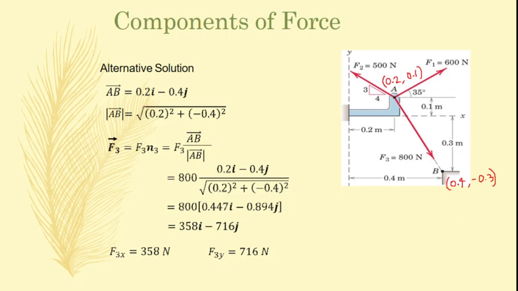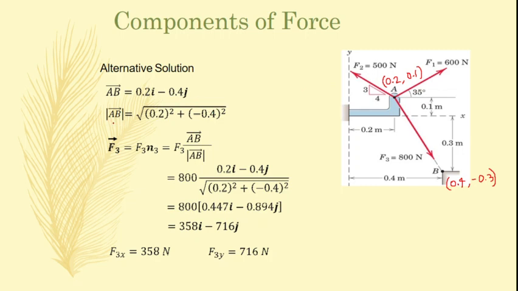Actually we write this thing here, that is x2, that is 0.4 minus 0.2, that is why it is 0.2 i, plus here y2 is minus 0.3 and y1 is 0.1, that is why minus 0.3 minus 0.1 becomes minus 0.4 j.